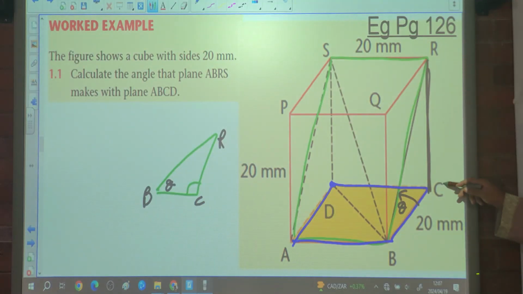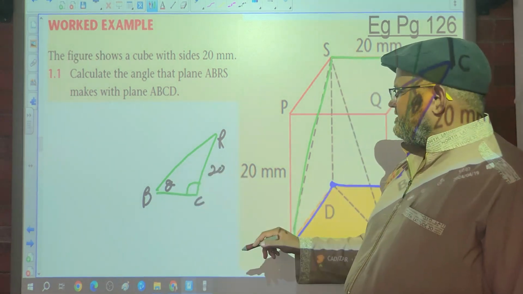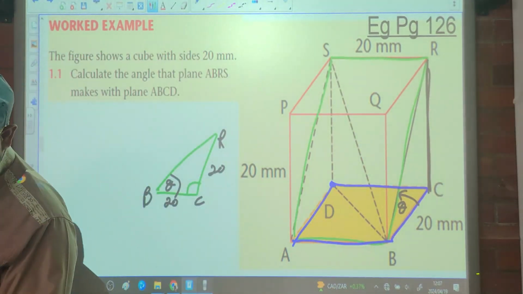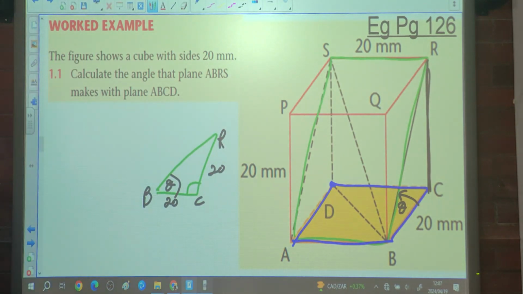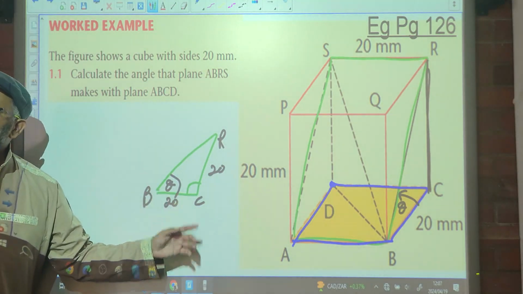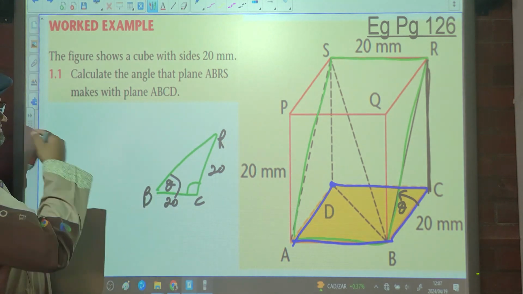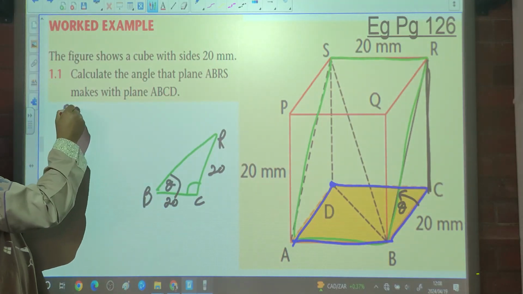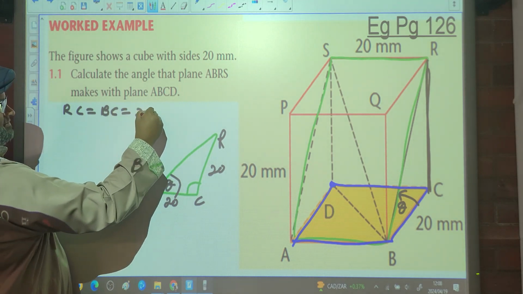But what's the length of CR? 20. BC? 20. So what is theta? Come on, people. How can we work out theta? Yes, angles opposite equal sides. An isosceles triangle. So for those of you who are not following, RC is equal to BC, which is equal to 20 millimeters.